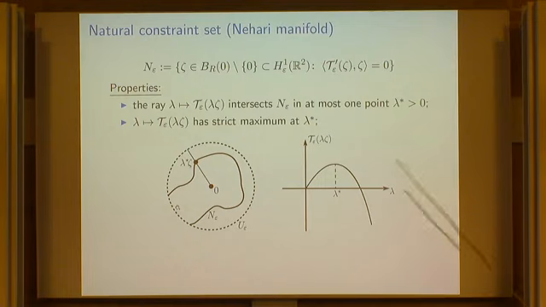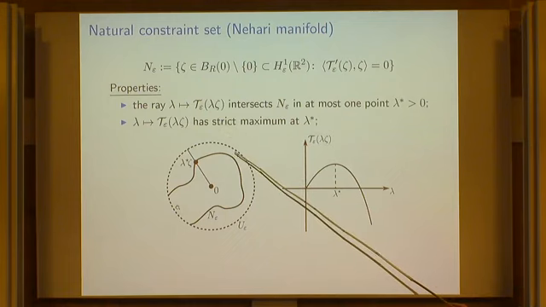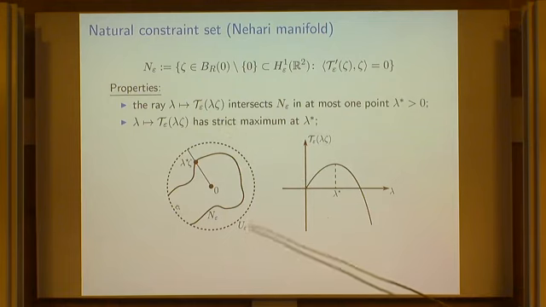So some properties of this set is that, you see somehow that's related to mountain pass. If you look at the rays from the origin, then they will intersect this set in at most one point.